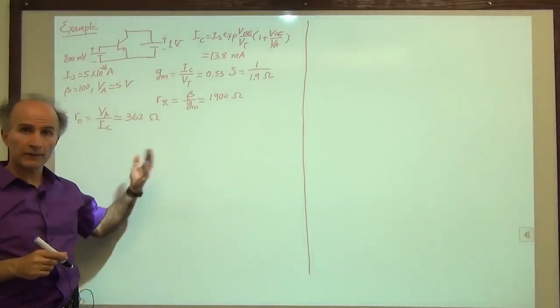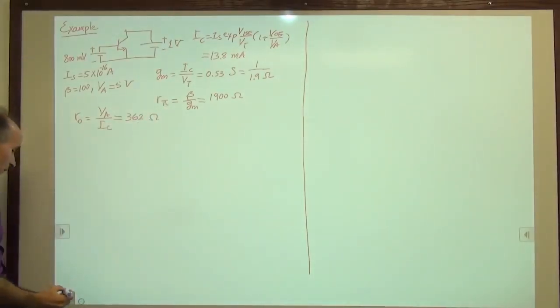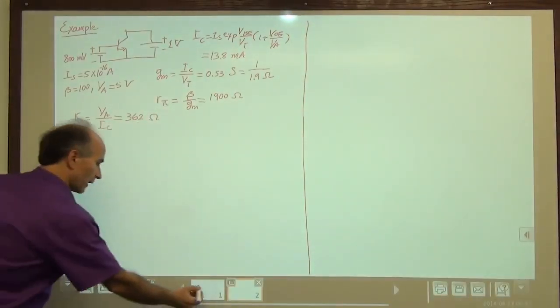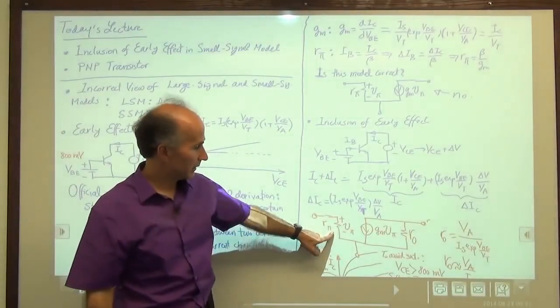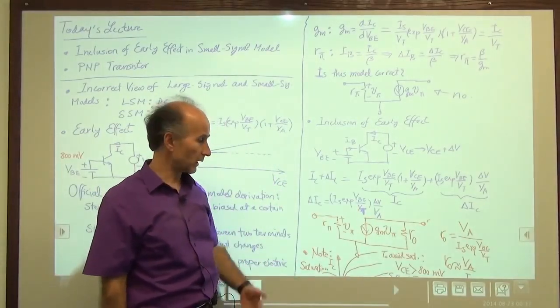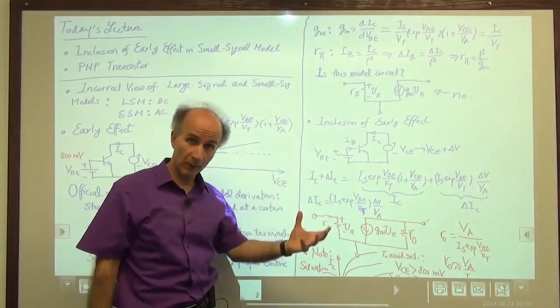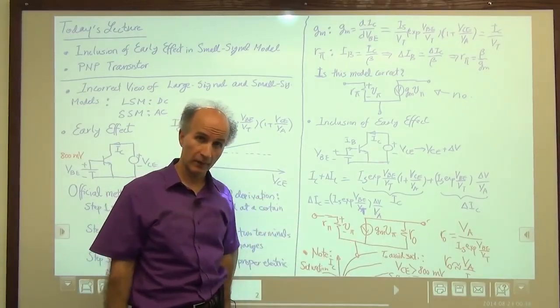Now we can construct our model because we have GM, RPi, and RO. If we go back to the previous page, we see that the model is complete. We have RPi, we have GM, we have RO. So now for any circuit that uses this bipolar transistor under these bias conditions, we can use the small signal model.